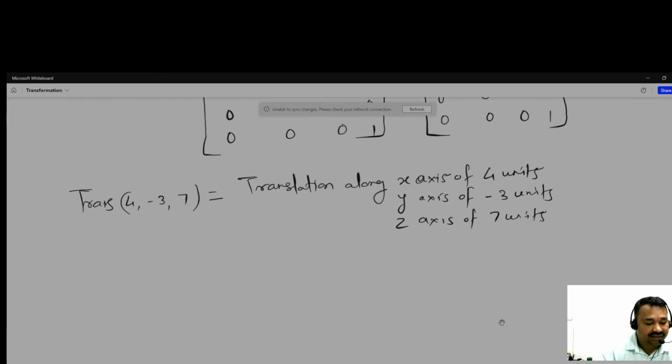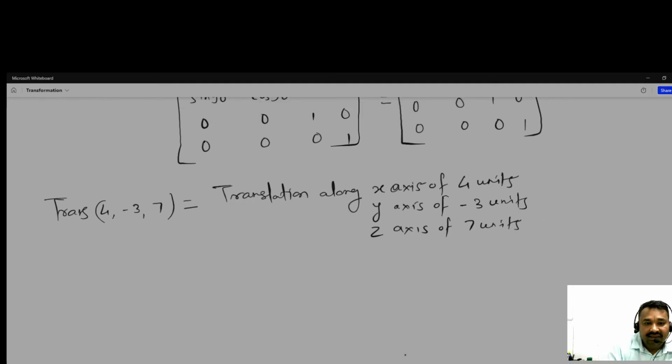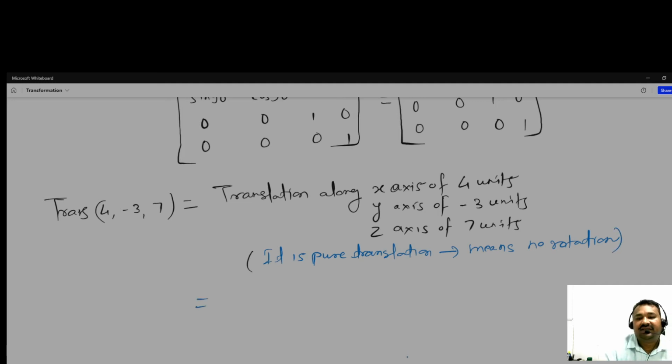So how to write it in transformation form? It is a pure translation, which means no rotation occurs here. So how to write this in matrix form?